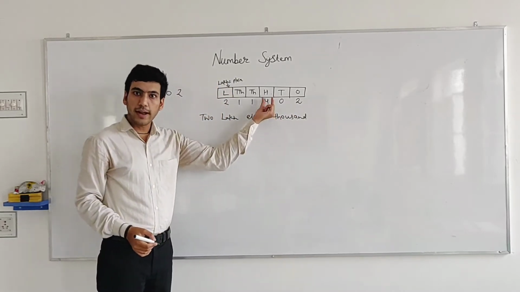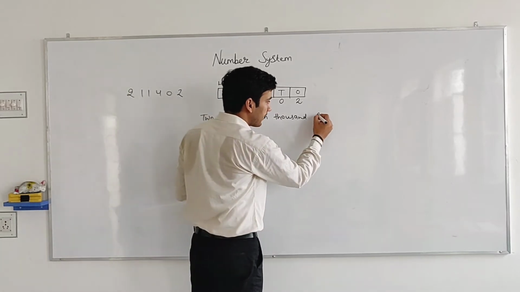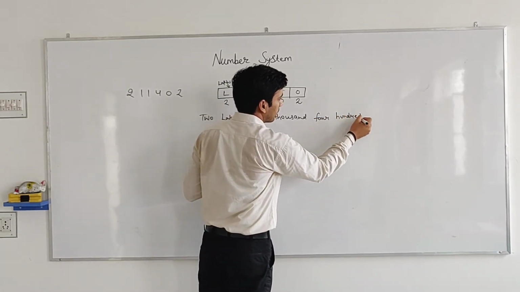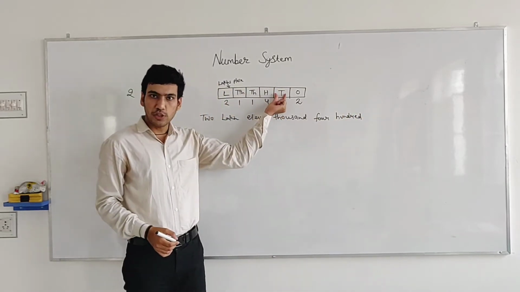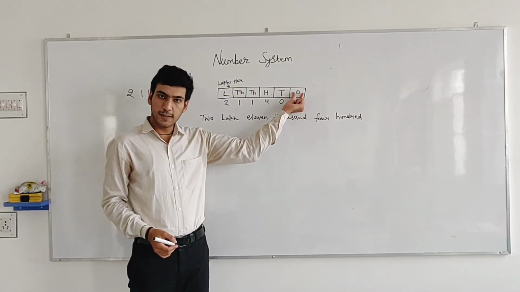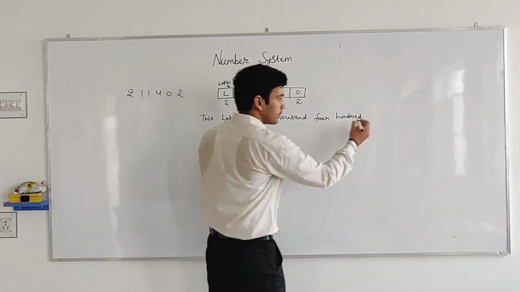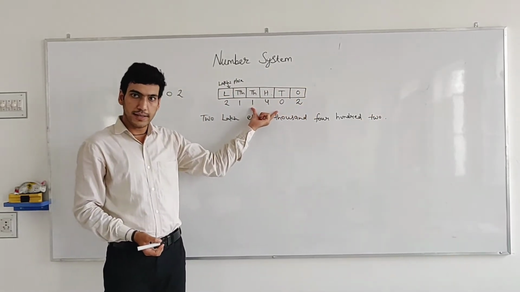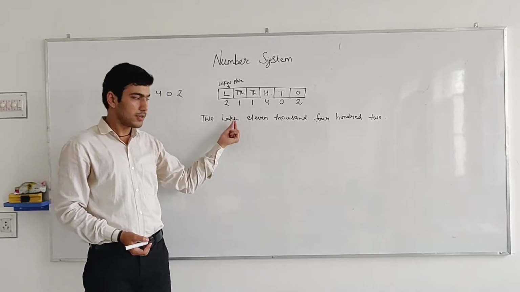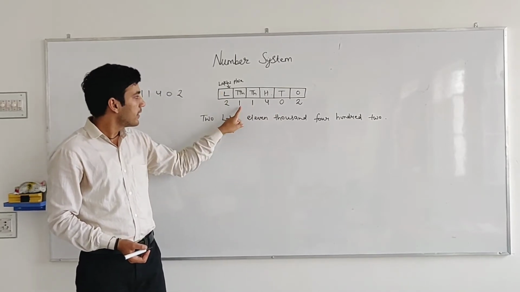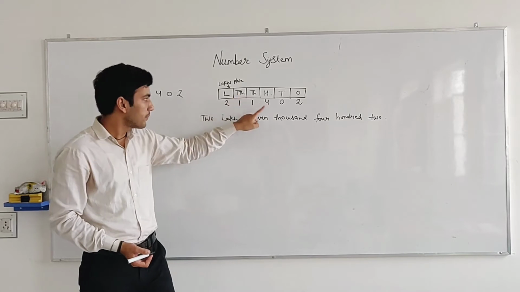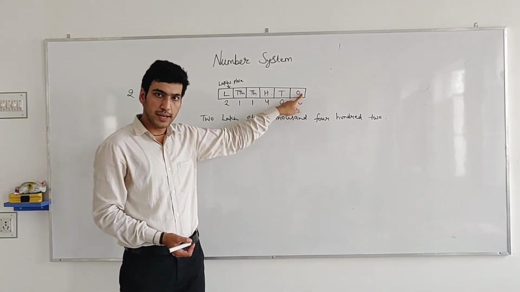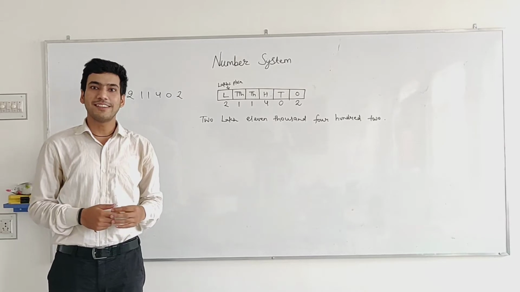Next 4 is on 100 position, so 400. 0 is on tens position and 2 is on ones position, so 2. So the number name of this number is 2,11,402.